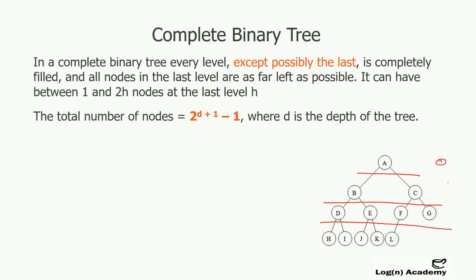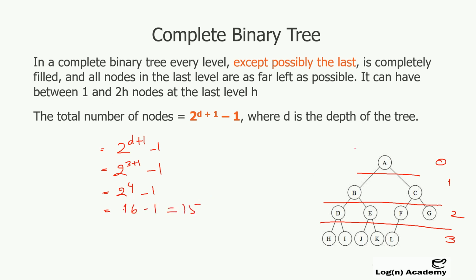So it's level 0, level 1, level 2, and level 3. So 2 raised to power 3 plus 1, minus 1, which equals 2 raised to power 4 minus 1, and 2 to the 4, 4 to the 8, 8 to the 16, 16 minus 1, which equals 15.